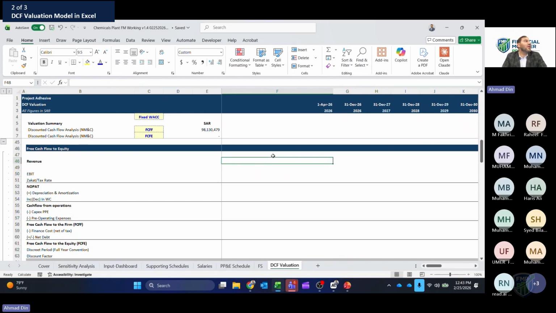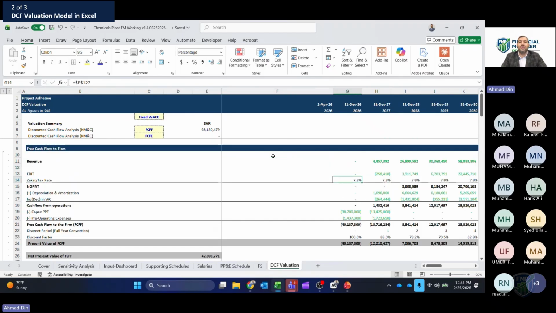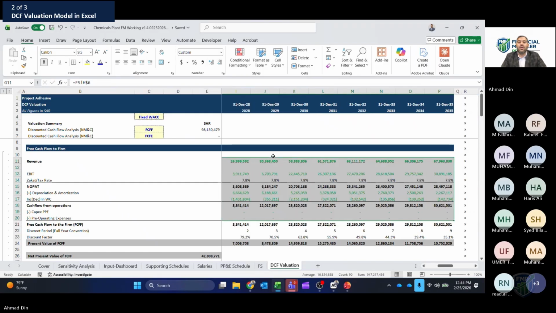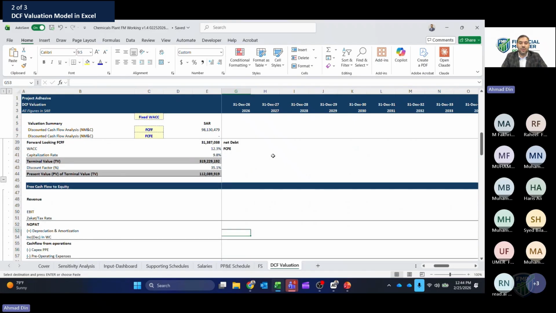Same pattern, we will link all the things in our income statement. For this I already anchored our line items, which are coming from our financial statements. So we can just copy and paste those up to our capex and pre-operating items.